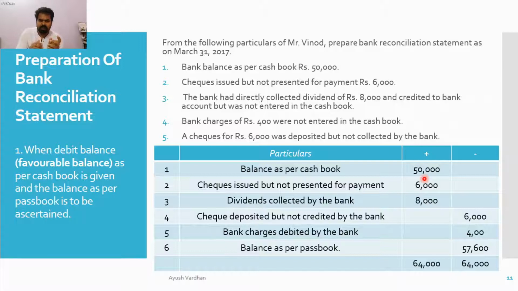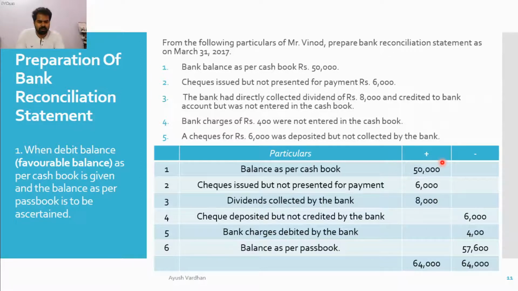Suppose you have a balance of 50,000 rupees in your cash book, and that is after the 6,000 rupees payment you made after the check issuing. So that check issued of 6,000 is not in this 50,000. These are different. Means now it is total 56.